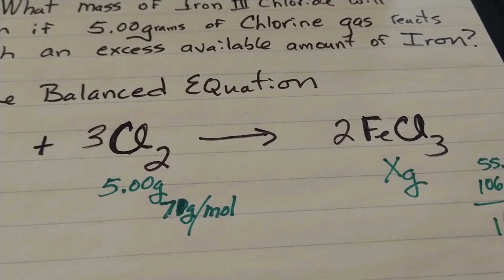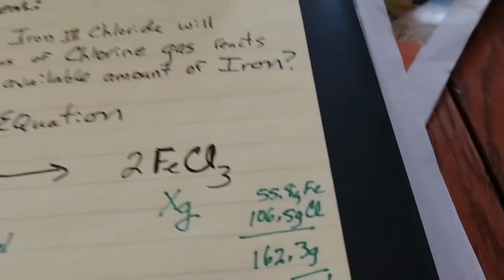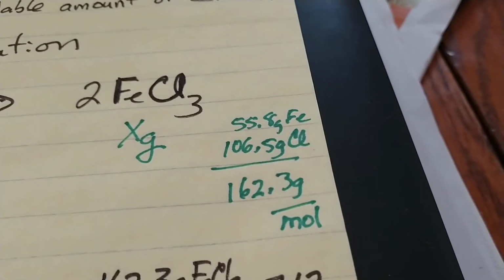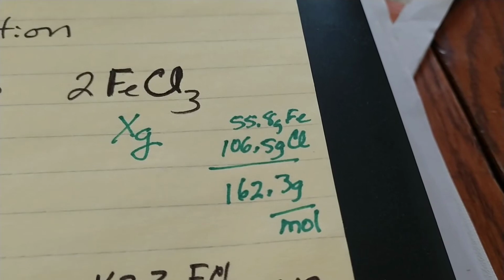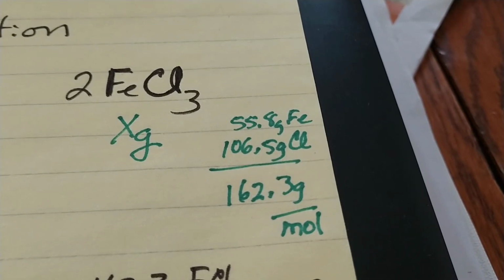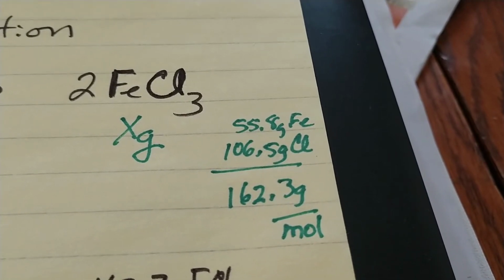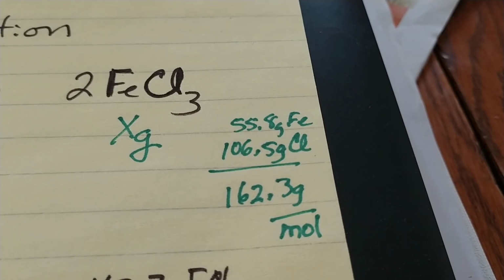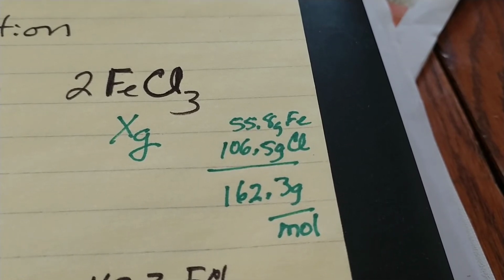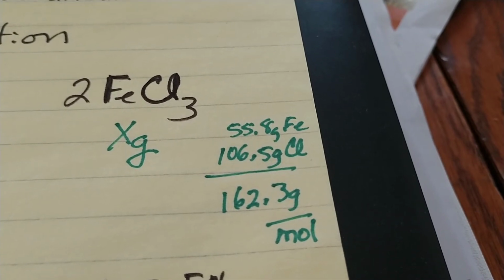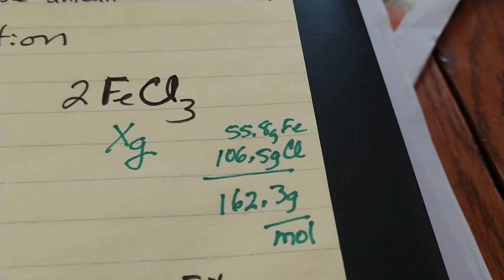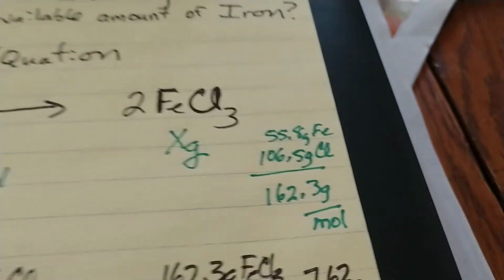And the one I want to solve for is how many grams of iron(III) chloride are going to be produced. So I need to know how many grams per mole iron(III) chloride is. You see I added up there 162.3 grams per mole. So those are my known values.